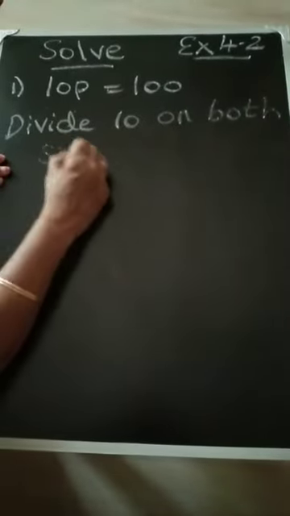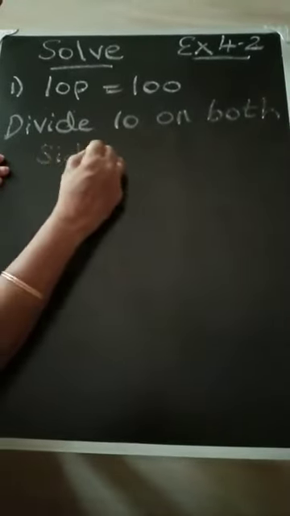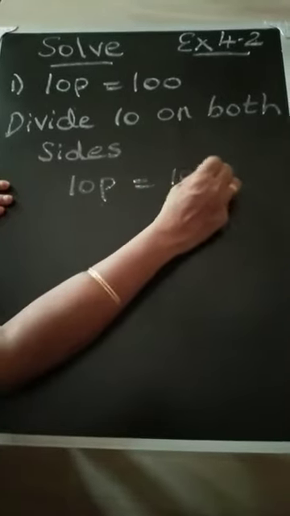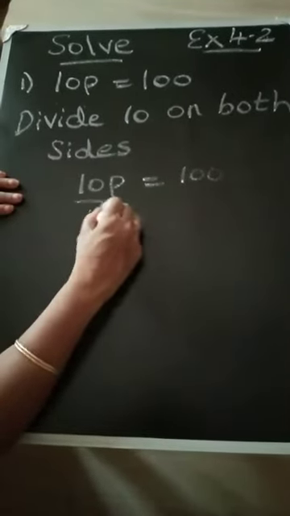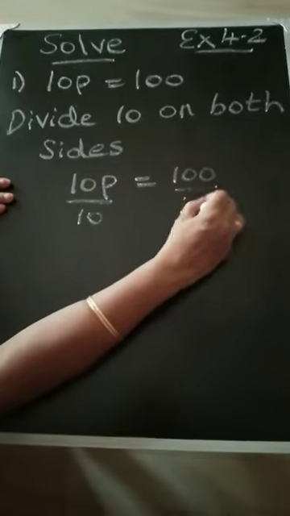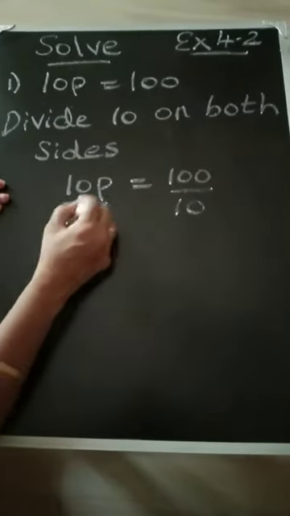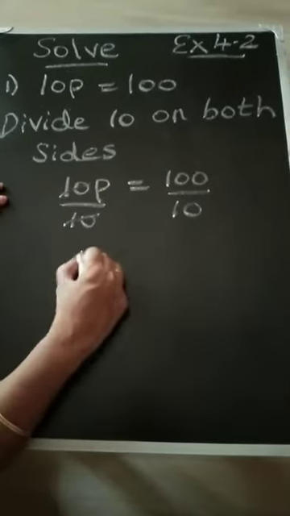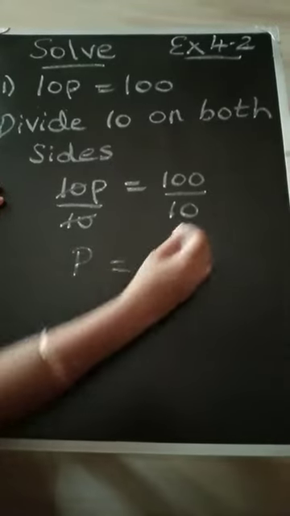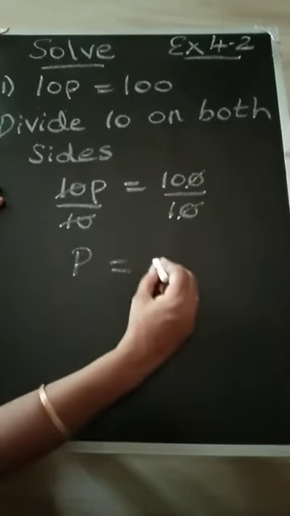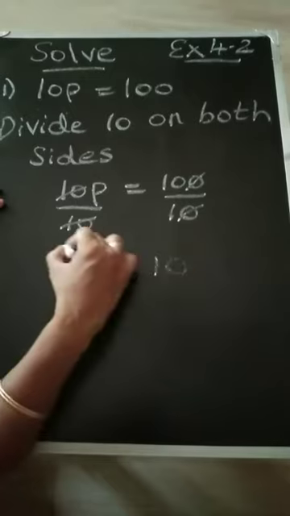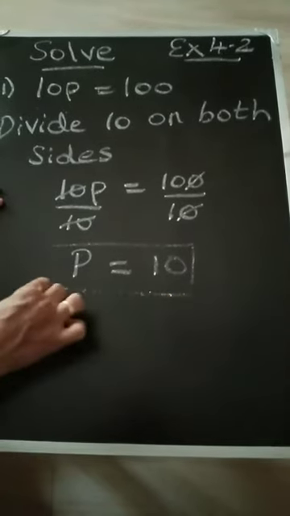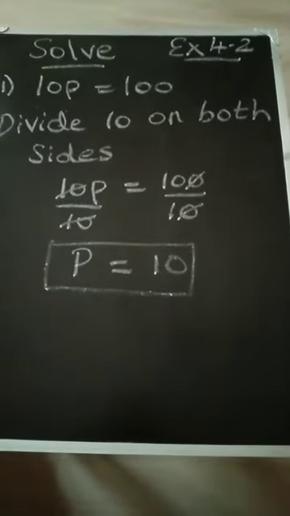So the value of the LHS and RHS will not change. Now, 10p is equal to 100. So you will divide by 10 on both sides. So what happens? 10 and 10 will get cancelled. So p is equal to 10. So the value of p is 10.